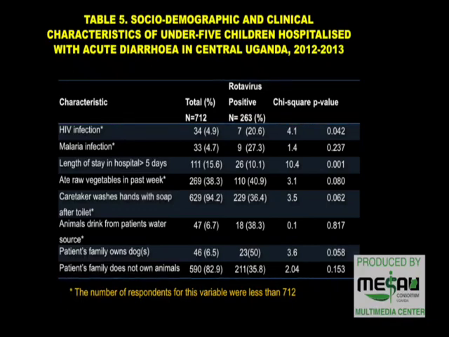We found an association between the stay in hospital and being rotavirus positive. And we found that only 6.7% of the patients had animals drinking from the same water source as the patients.